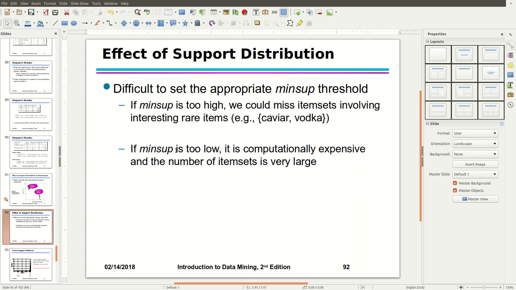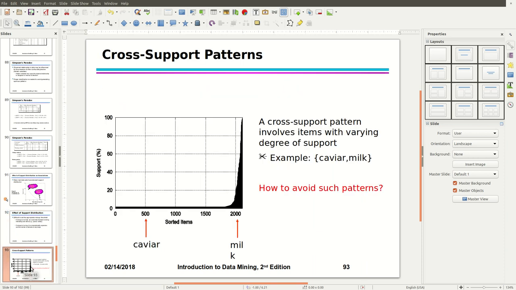But if you set it too low, then you have to do a lot of computation. You will also generate a lot of item sets, then there may be a lot of rules, and that may not be very interesting. So how do you overcome a situation like this? We will discuss that.